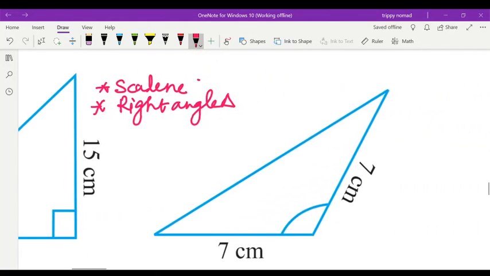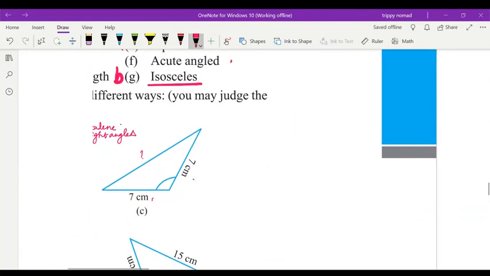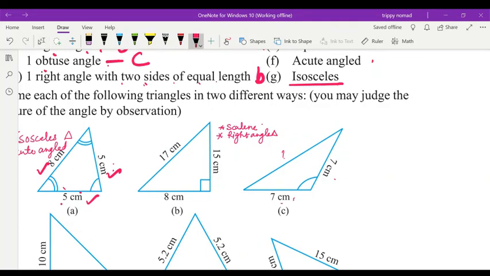So two ways. And here you have seen 7 centimeter. Here two sides are equal, the third is not written. On the basis of two, that is reflecting, this is different. So two sides are the same, so that will be isosceles again.